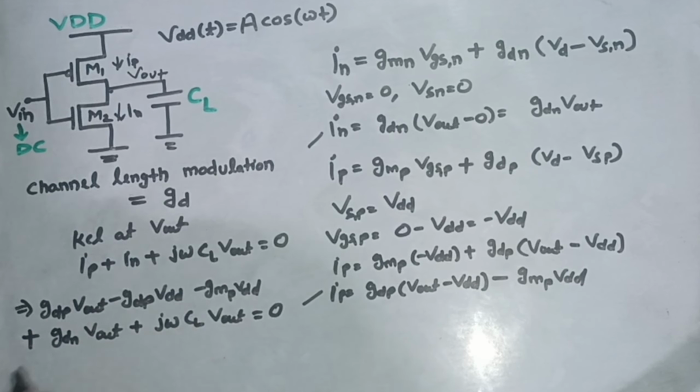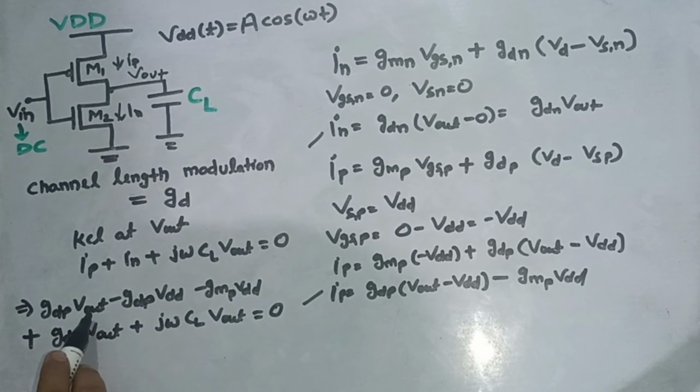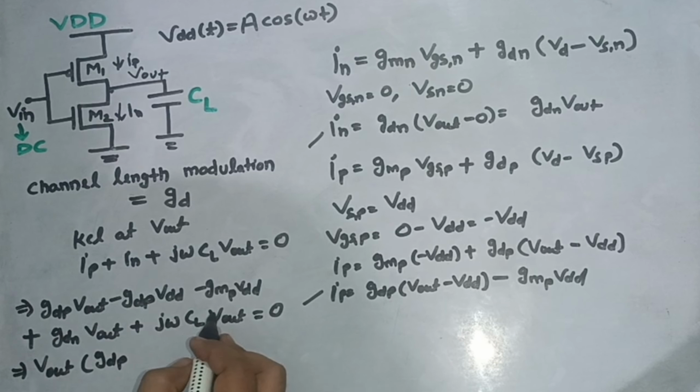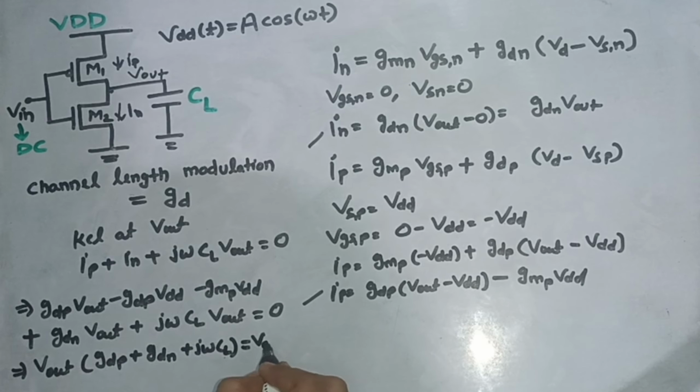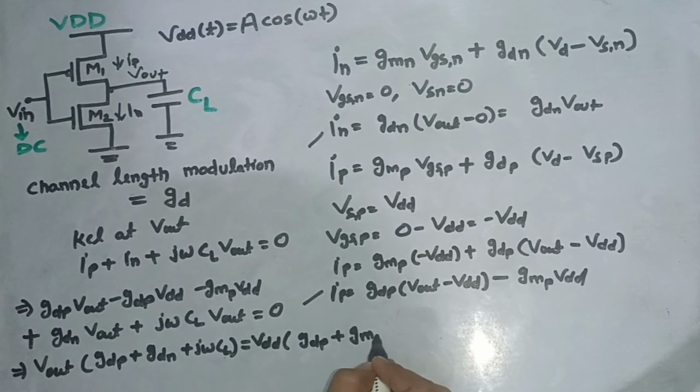Now, if you see, there are two kinds of parameters: V out and VDD. So we can take a common factor. If I take V out as common, I get GDP plus GDN plus j omega CL. Similarly, if I bring the VDD terms to the right-hand side and take VDD common, I get GDP plus GMP.